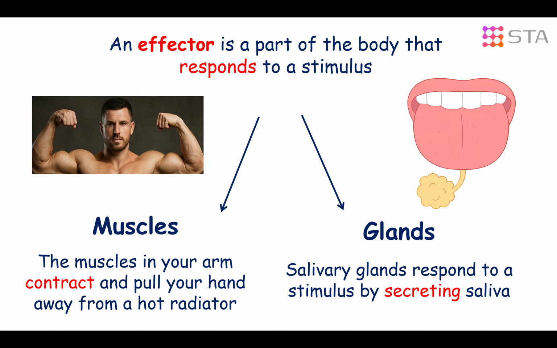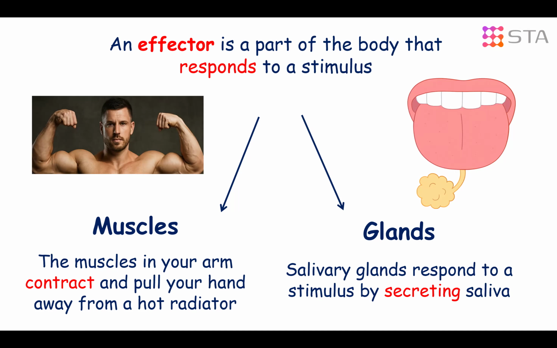So salivary glands respond to a stimulus of food by secreting saliva. If you've touched a hot radiator, the muscles in your arm contract and pull your hand away. If you've got a bee buzzing around your eye, you will blink.